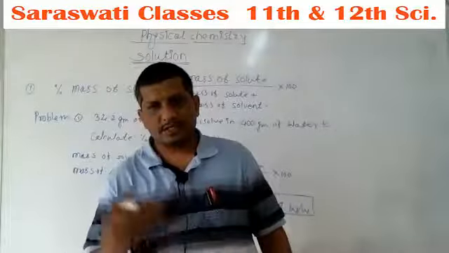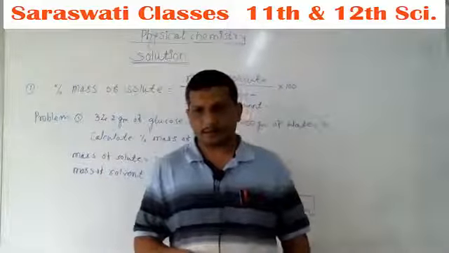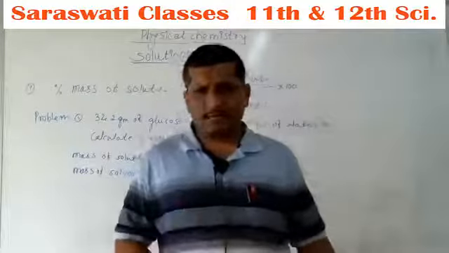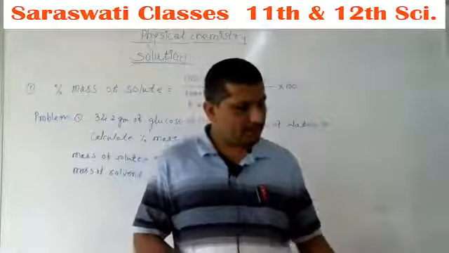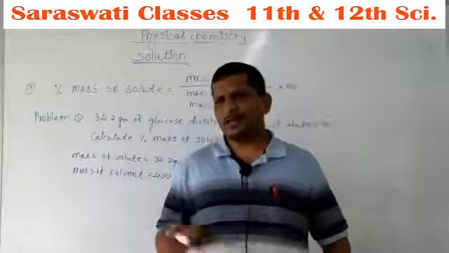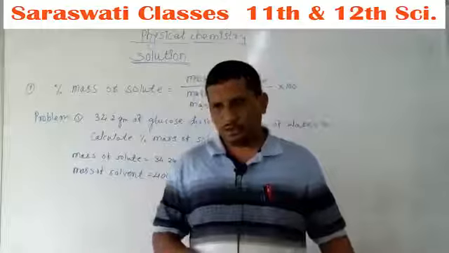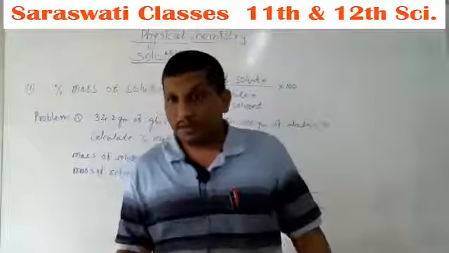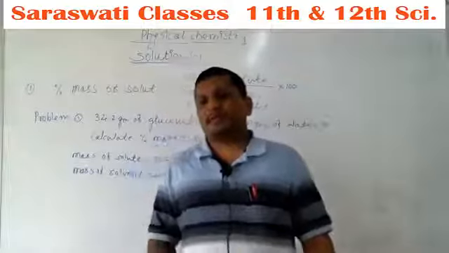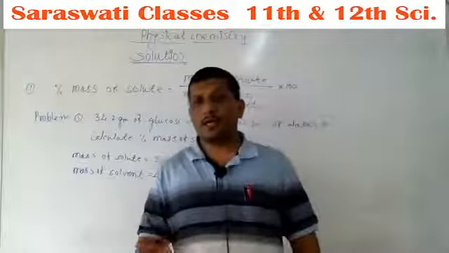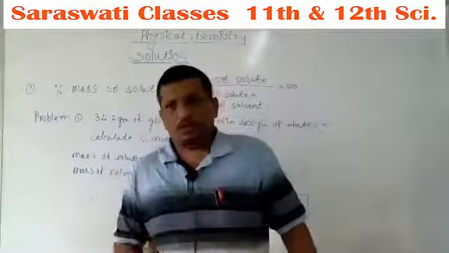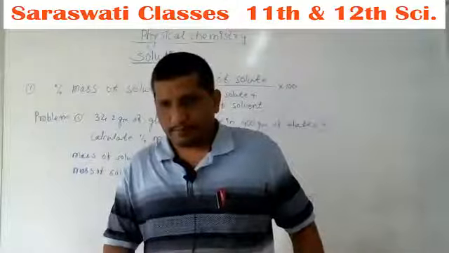Now next we see molarity. What is the definition of molarity? The number of moles of solute dissolved in 1 liter of solution is called the molarity. Or in another way we define it, the number of moles of solute per dm cube of solution is called molarity.